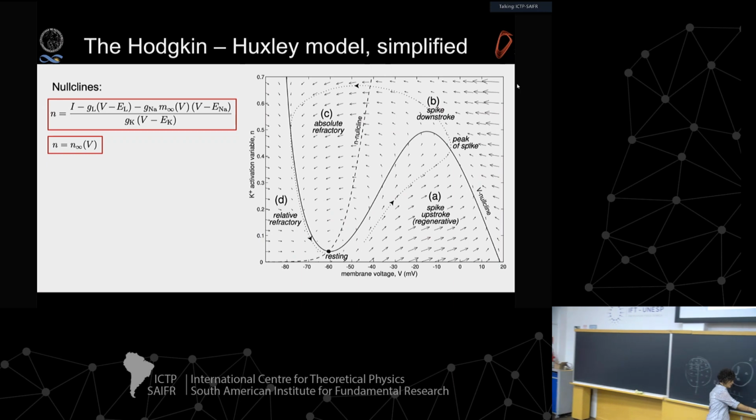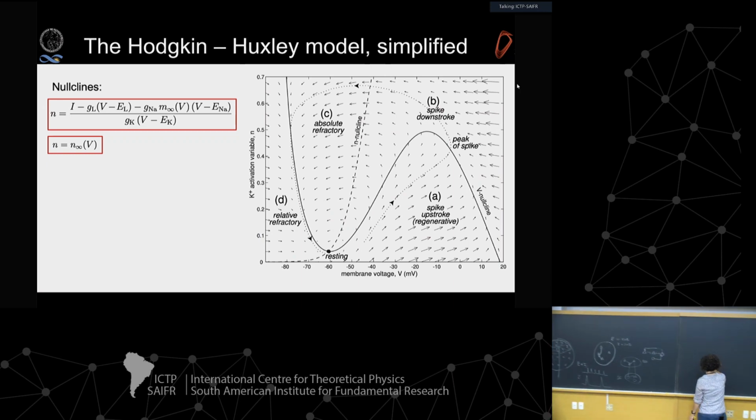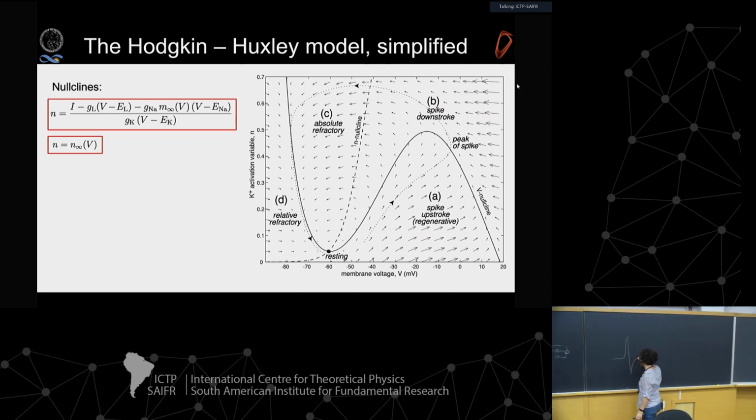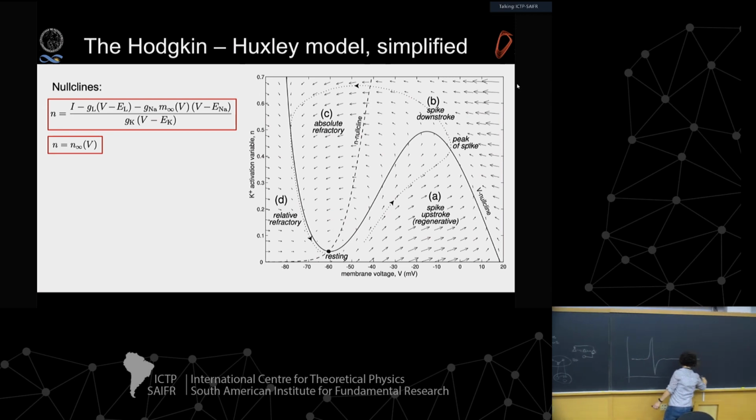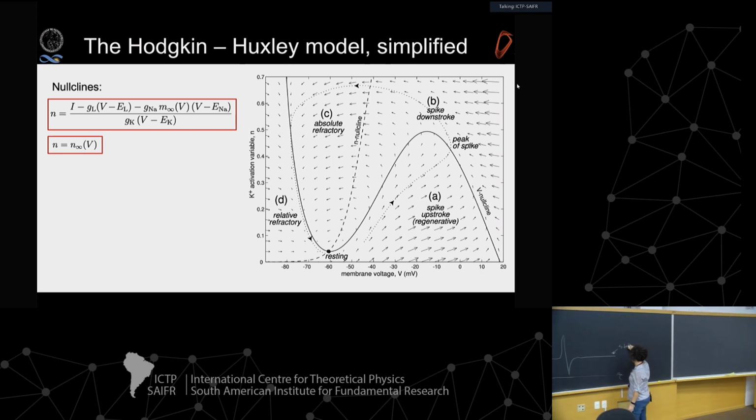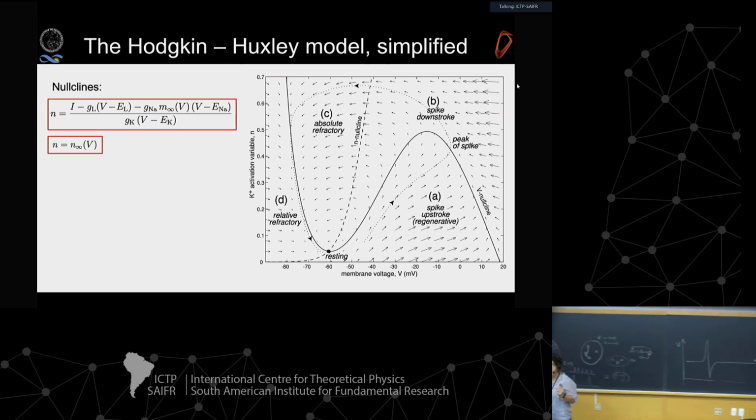Do you remember from yesterday, you have the spike, and this is one stable fixed point. So this is T, this is V, and this is the stable fixed point.